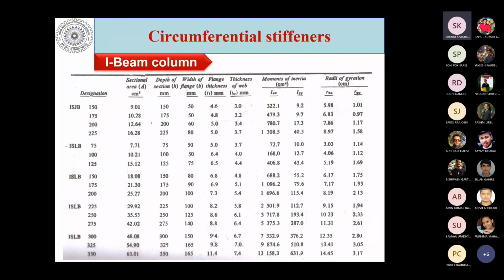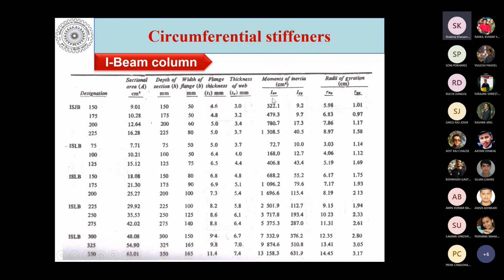Okay, so this is standard for each type or each size of stiffening ring. This is specifically for the I beam. So this is the sectional area, this is H, this is B. All these parameters are given. Now here I am having the moment of inertia.